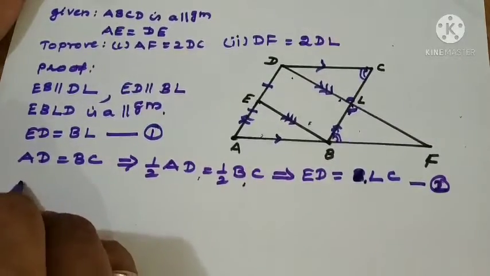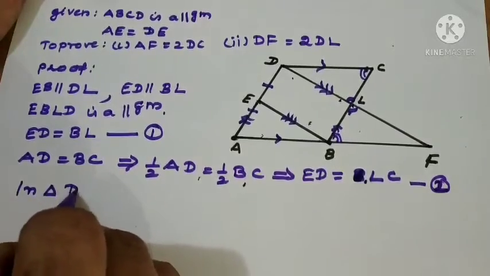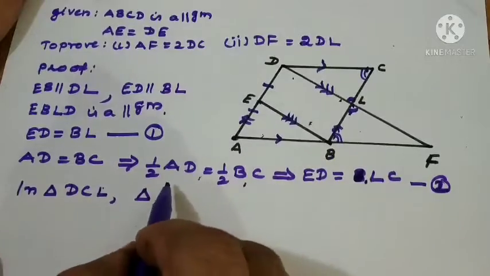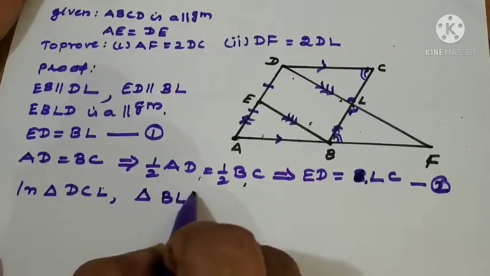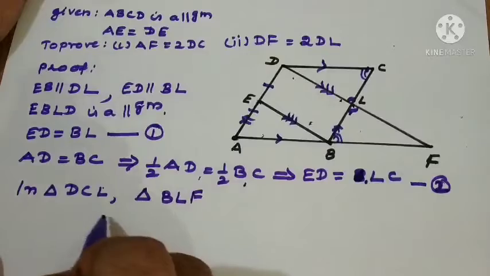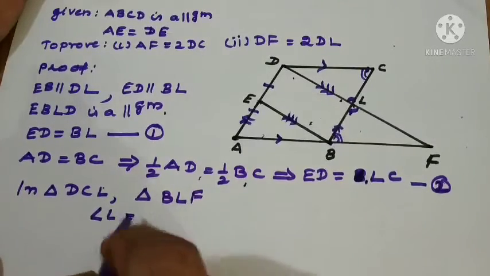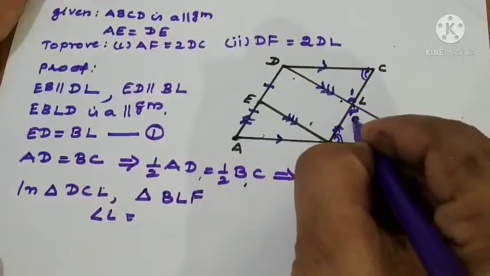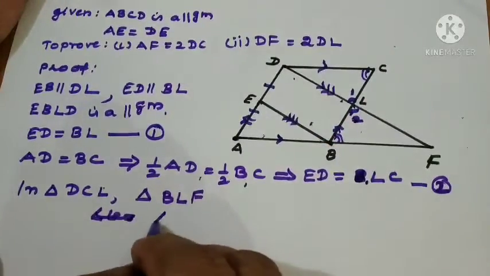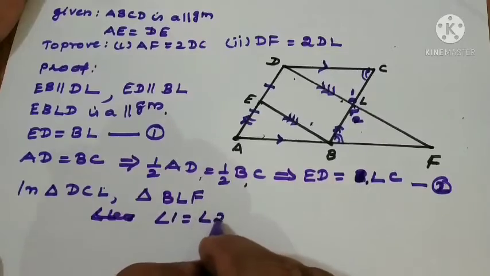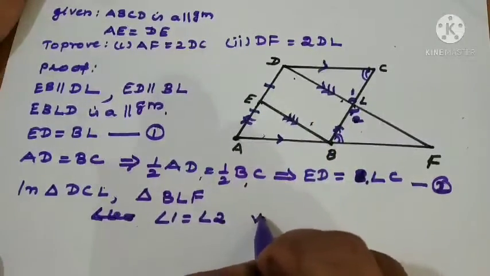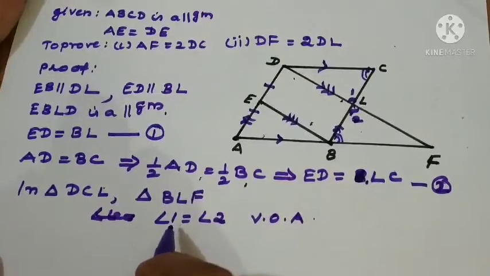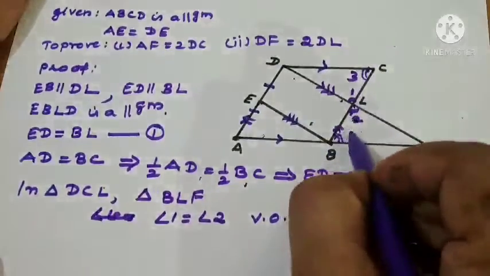Now triangles we have to consider: DCL and a triangle BLF. Let me write 1 and 2 so the confusion will not be there. Angle 1 equal to angle 2, because DCL I have written first, so vertically opposite angles. Next, angle C, let me mark as 3 and this as 4.